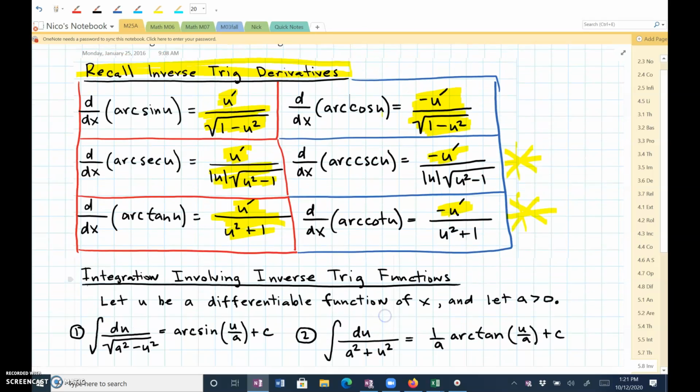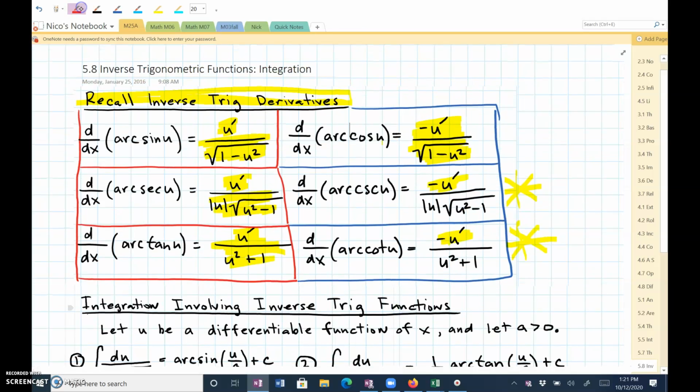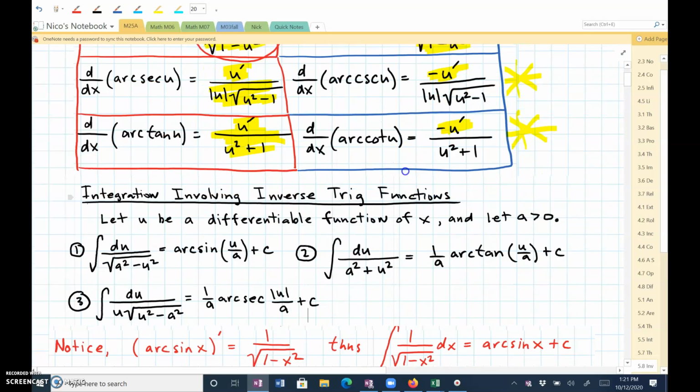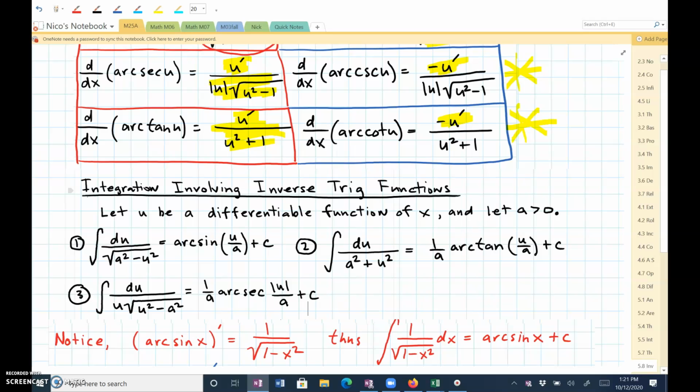All right, so integration would say if you have the integral of du all over the square root of 1 minus u squared, you're going to end up with arc sine of u. Okay, so integration involves inverse trig functions.